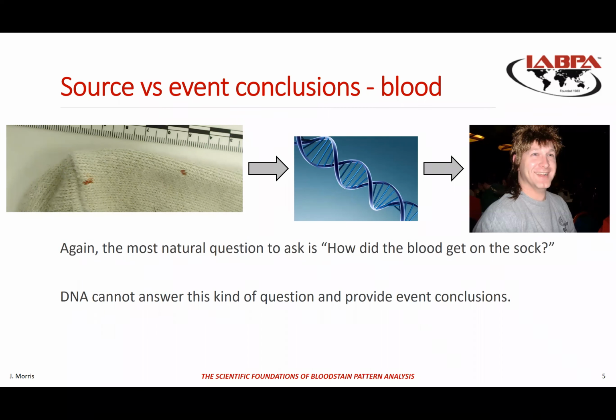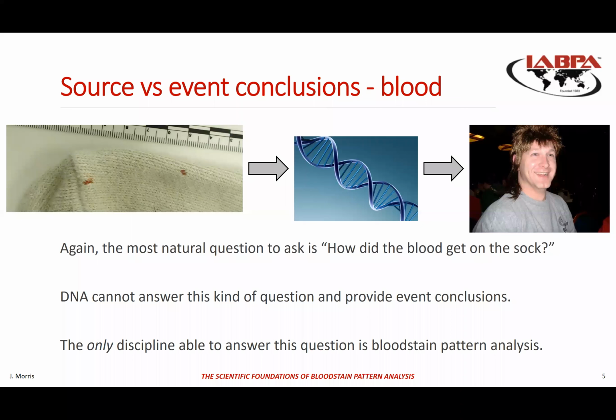DNA cannot answer an event conclusion question. They just can't do that. They're outstanding at providing source conclusions and answering those questions. But answering the question of how did the blood get there is outside of the realm of DNA. And to my knowledge, the only discipline that's able to answer the question that deals with event conclusions for blood is bloodstain pattern analysis.